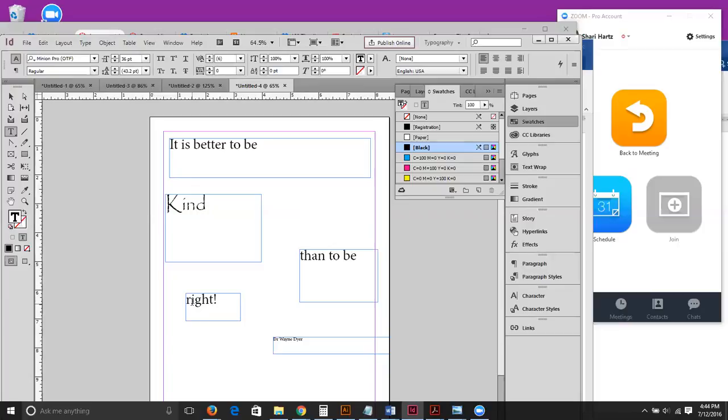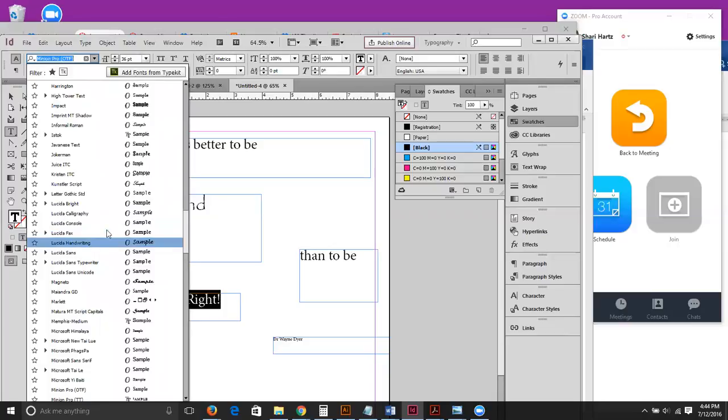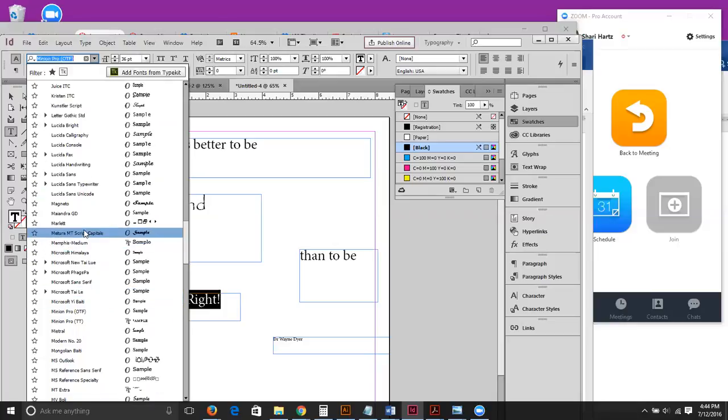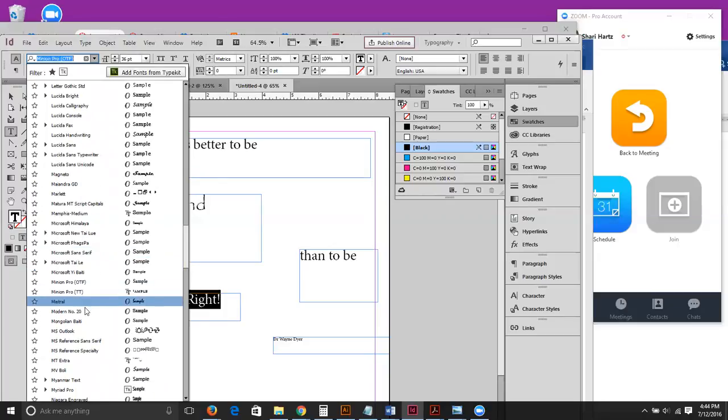And then let's capitalize the R for right. And what kind of font do we want to make for right? Try the Monotype if you have it. Monotype Corsiva. I guess I have to go down to the M's.